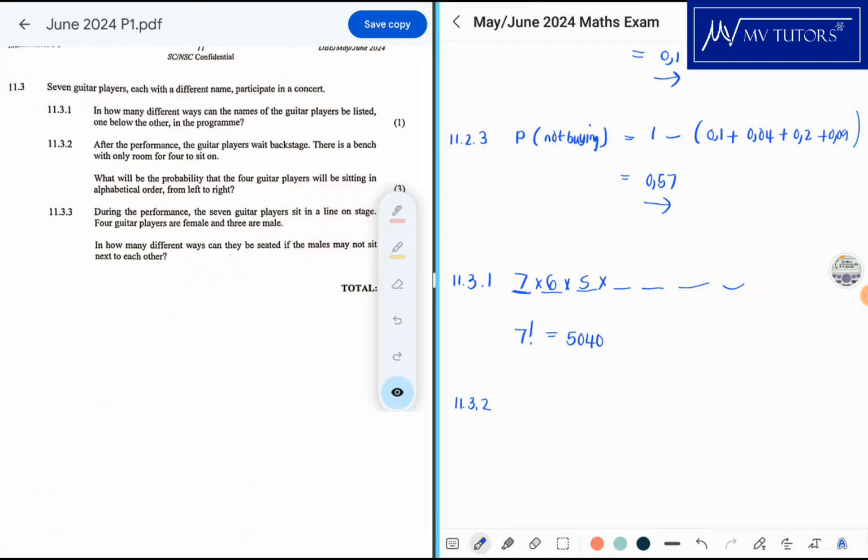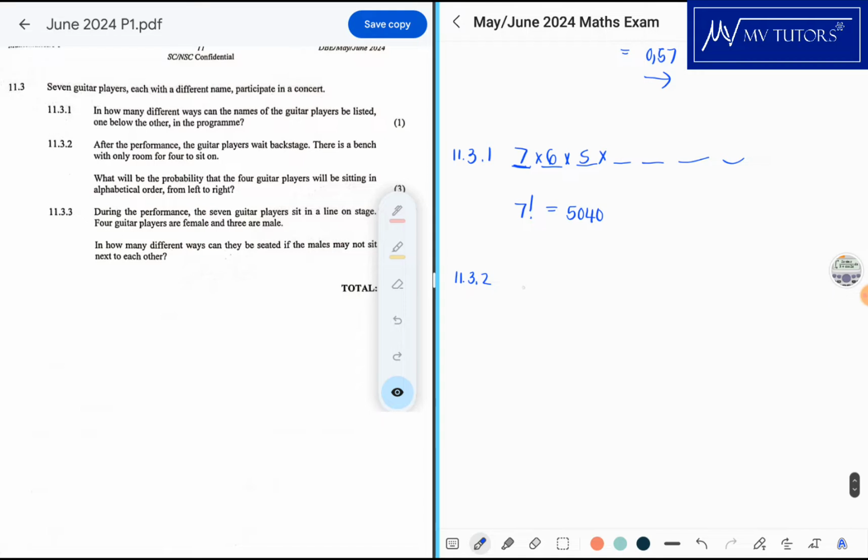And then 11.3.2. After the performance, the guitar players wait backstage. There is a bench with only room for 4 of them to sit on. Okay, so what must happen to the other 3? Now, what would be the probability that the 4 guitar players will be sitting in alphabetical order from left to right? Okay, so for example, what if the first person has A?